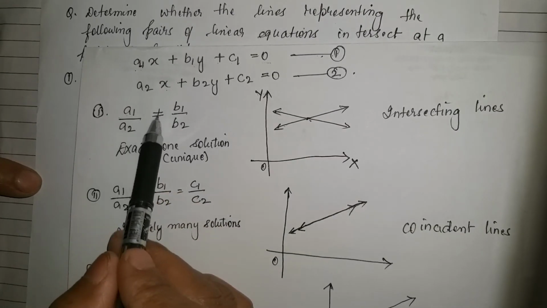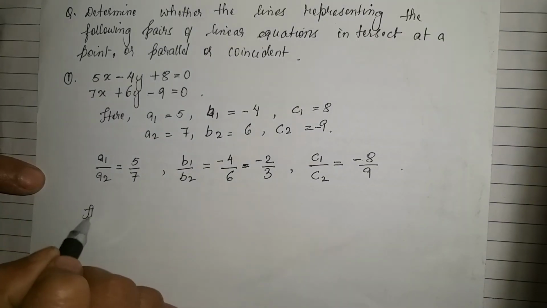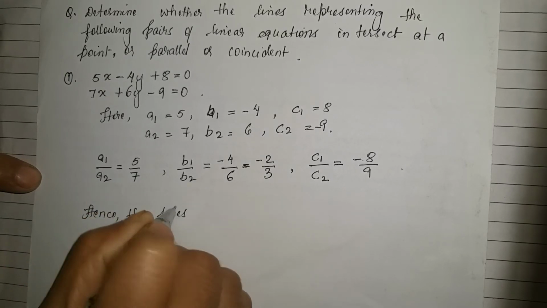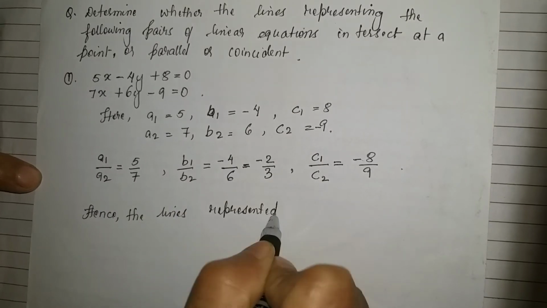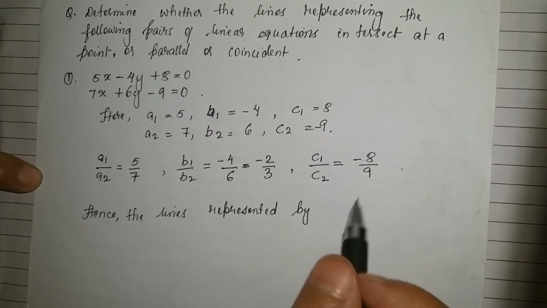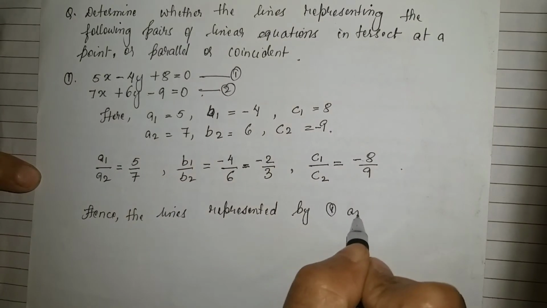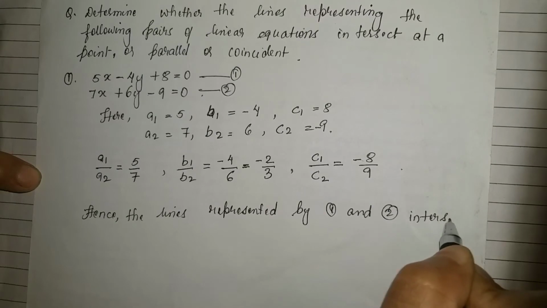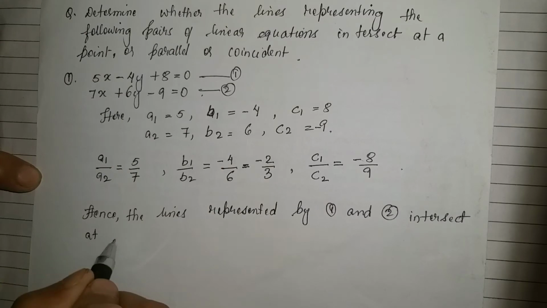So we conclude, hence, the lines represented by, let me name this as 1 and this as 2, represented by 1 and 2 intersect at a point.